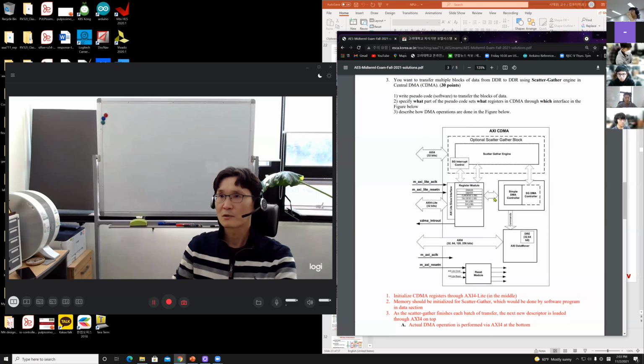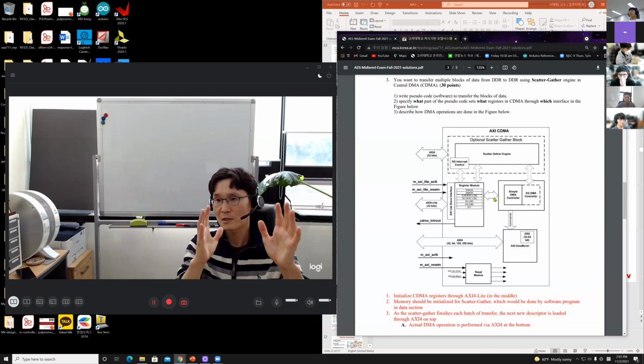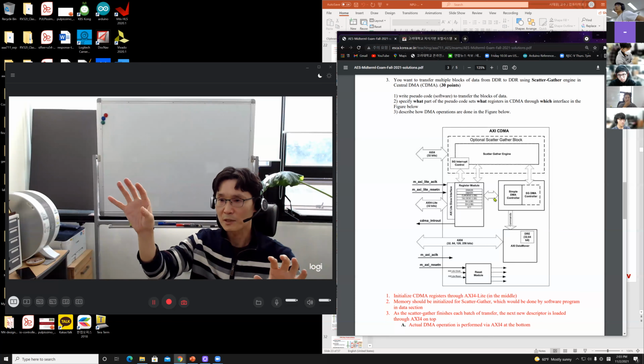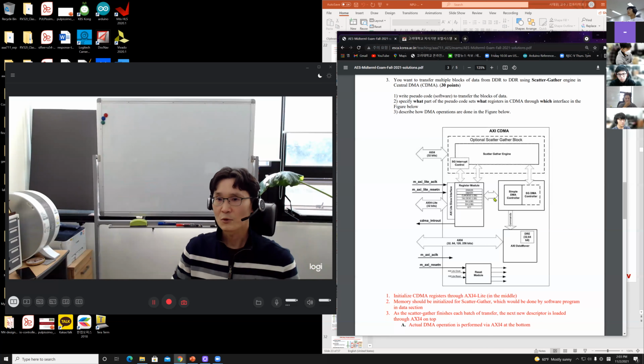For example, the page table. If you are interested in virtual memory and TLB interaction, the page table is set up in main memory, and that page table will be cached in the TLB. That interaction. Also interrupts. You have to have a good understanding of what you have to do in software to process an interrupt.